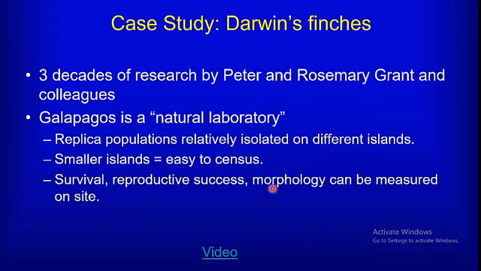in a system. So as I just said, this is 3 decades of research by the Grant couple, and the Galapagos Islands, in some sense, are a natural laboratory because you have multiple islands which have roughly similar conditions, not entirely but roughly, and since these are small islands, one can actually go around and tag every single bird and track them across generations, which is what the Grants did.